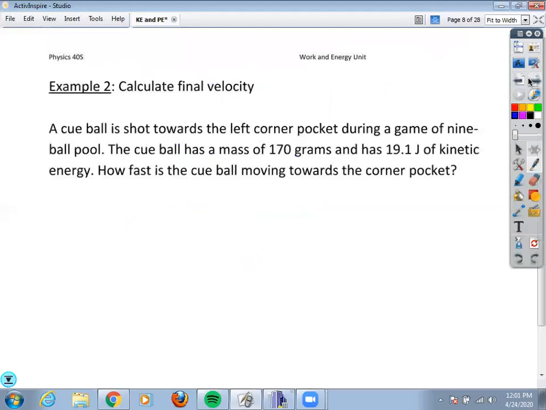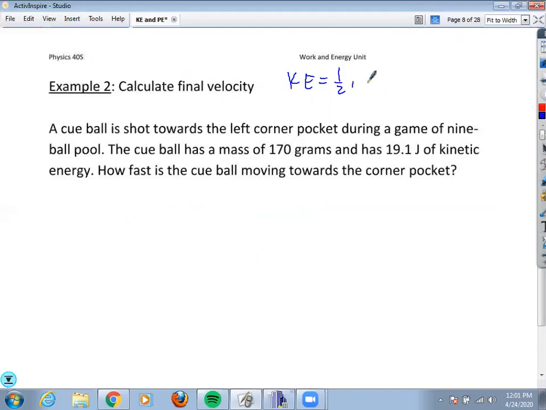We can use kinetic energy to find velocity if we want. Again, KE equals 1/2 mv squared. We can easily solve for v by isolating it. And if we're talking about calculating the final velocity v2, then we are going to use the work change in energy theorem.